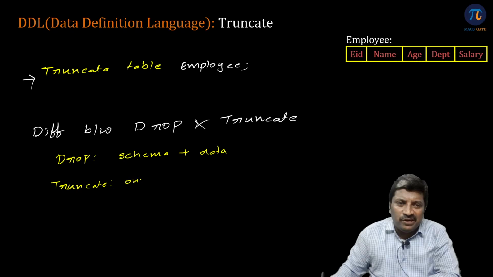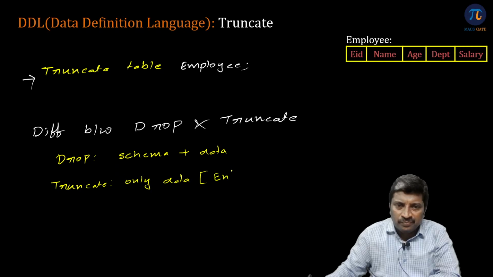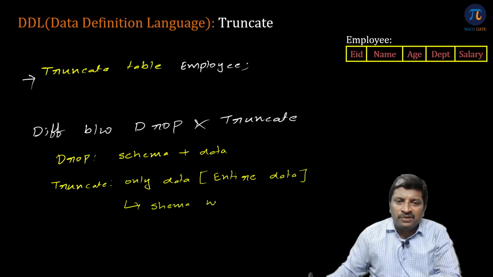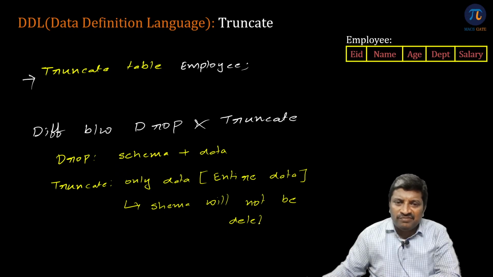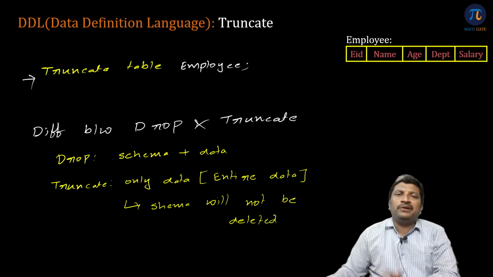Only data will be deleted, but the entire data. Schema will not be deleted. That means the table will be there, only the data will be deleted. This is the main difference between drop and truncate.